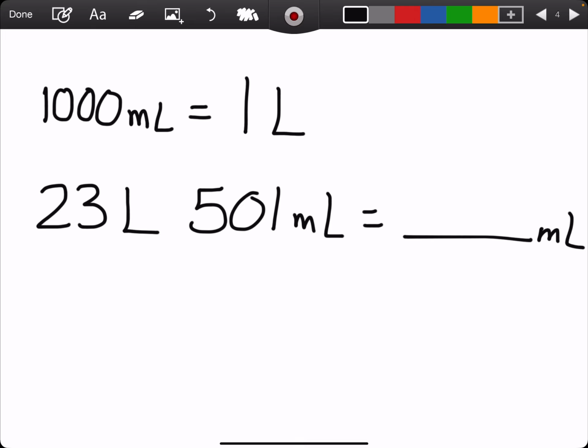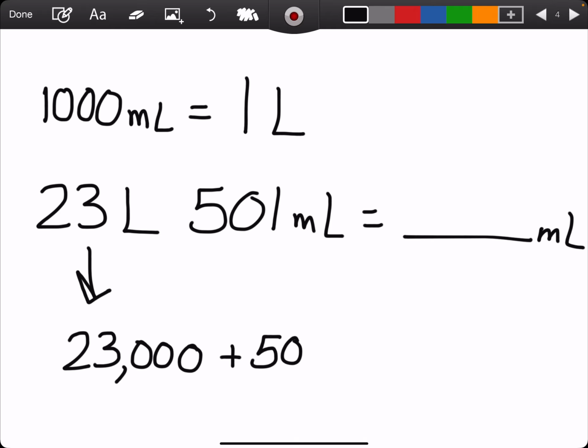Well, I know that my 23 liters, because each liter is going to equal 1,000 milliliters, is 23,000, and then we are adding the 501 milliliters.